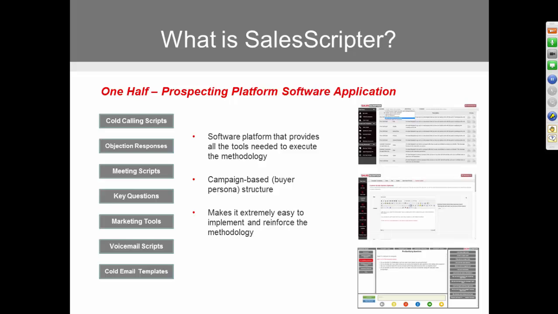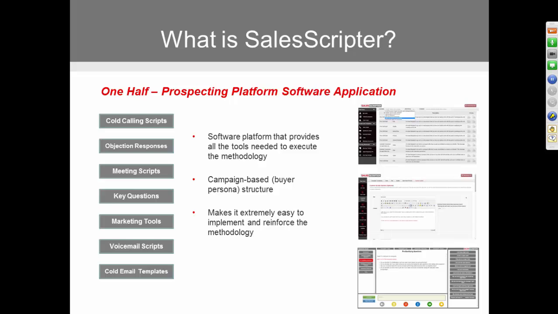Now, the other half of what we provide is a software application tool set that provides cold call scripts and objection responses. It will provide you with your objections map. We talked to you about building an objections map. Yes, you can do that in Microsoft Word, but our software will build you an objections map automatically.